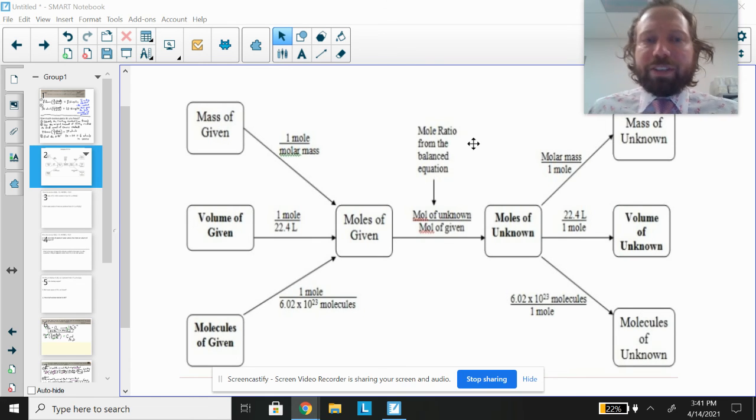So for solving these types of problems where we have two different substances that we're going to be using, either given an unknown, we have a reaction that we use. And that's something fundamentally different than the other mole type problems that we've been working with. When you have a reaction and an equation in front of you, you can use that, particularly the coefficients.